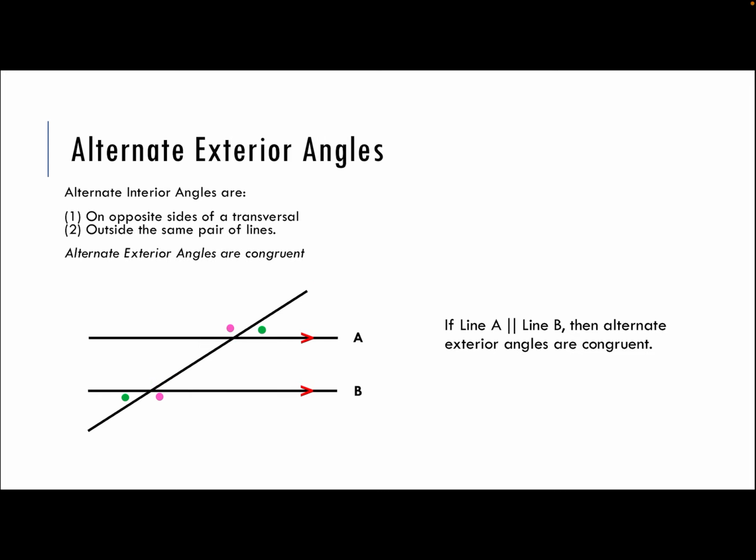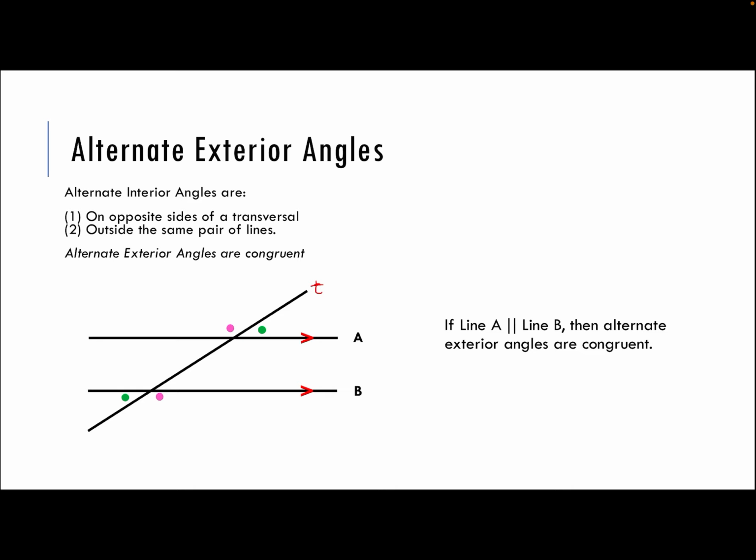So alternate exterior angles are going to be angles that are on opposite sides of the transversal, but they're outside of a pair of lines. So in this case, our pink angles are both outside line A and line B, and they're on opposite sides of our transversal. We're going to call this T again.